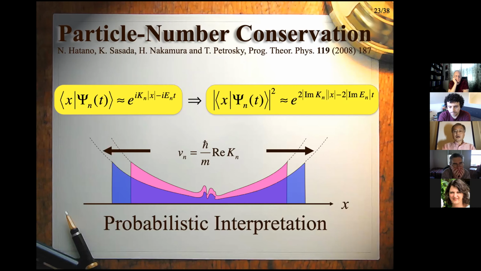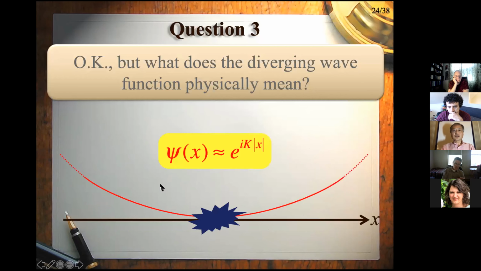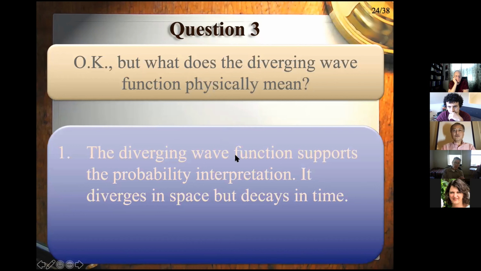This means that the diverging wave function supports the probability interpretation. Without the divergence, you don't have that probability interpretation. The wave function diverges in space but decays in time, and that's how it keeps the probability interpretation.